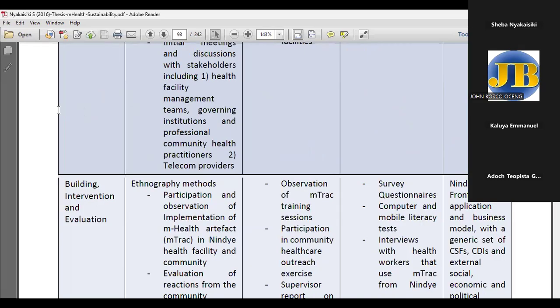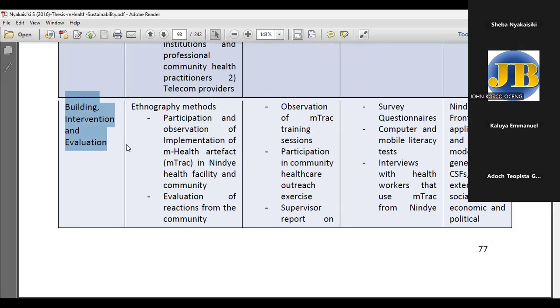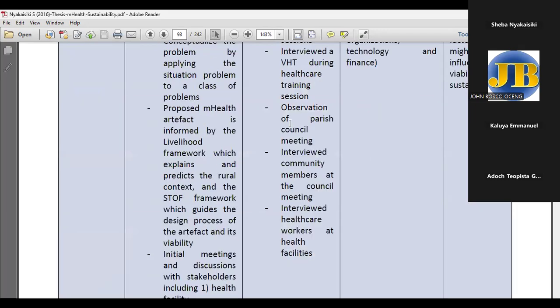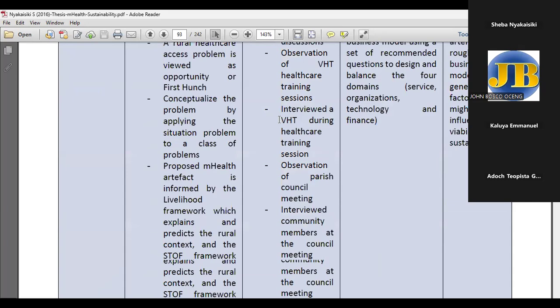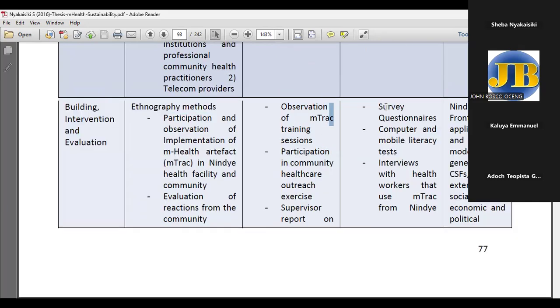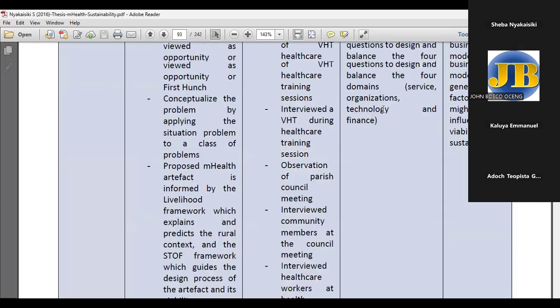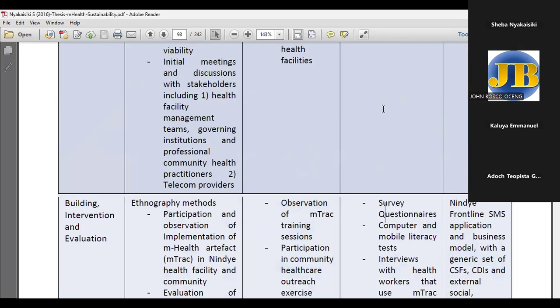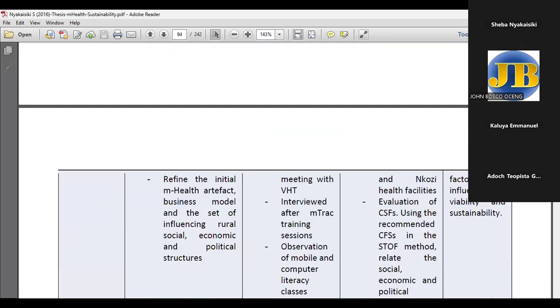Then I come to the build and intervention stage. So here I said the build intervention, if I used ADR or ethnography. So I said here I'm going to use ethnography. And then here I say I had participant observations and so on and so forth. Then here I said, again, in ethnography, I talked about this. Then I said I used survey questionnaires under the Stoff method, and then what my output was.